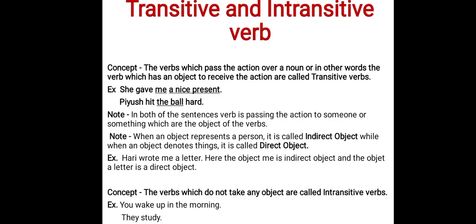They have many friends. Here the verb is have. Again, have describes possession. So it is always an intransitive verb. But the action verb may be transitive as well as intransitive. So you need to keep in your mind, when the verb takes an object, it is a transitive verb. When it does not take an object, it is an intransitive verb.